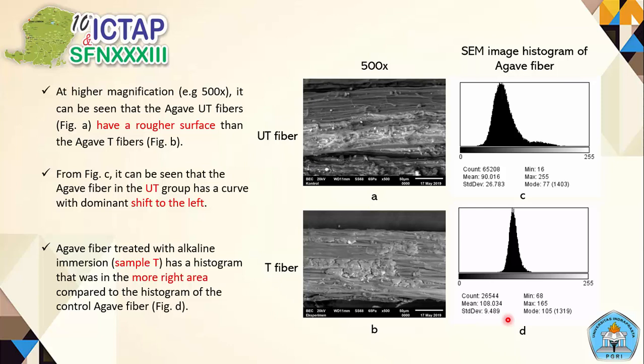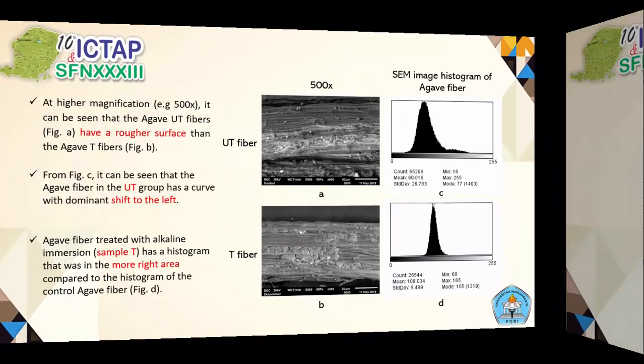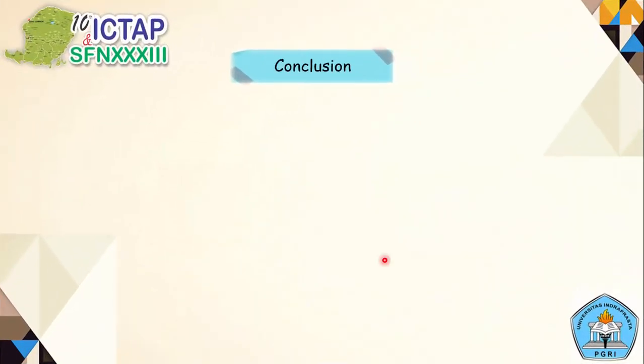The percentage of pixel intensity was 8.783%. The immersion of agave fiber in 5% alkaline sodium hydroxide caused the pixel cavity in the fiber to decrease significantly. The lower percentage of cavity in treated agave fiber was also due to the low lignin and cellulose content in the fiber. So that is all my presentation.